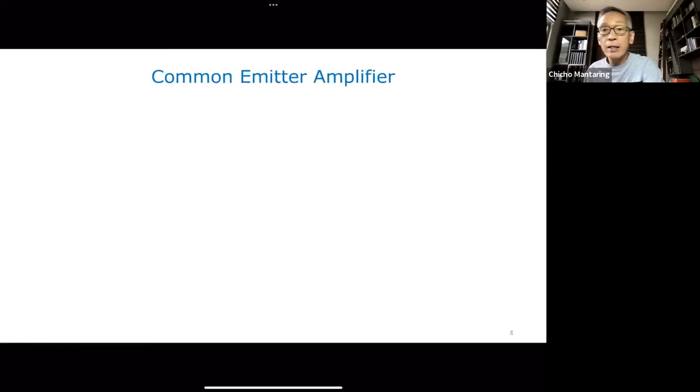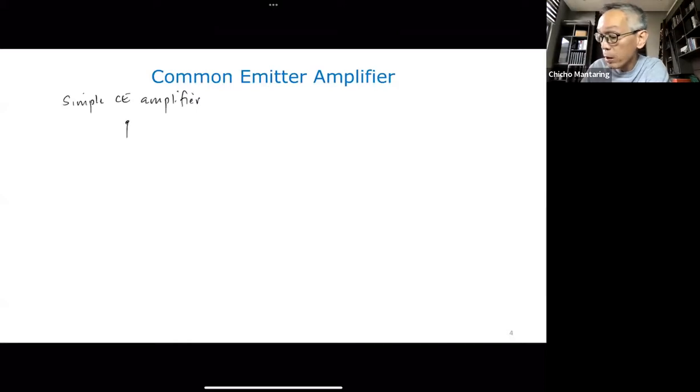Okay, so let's start with a discussion of your common emitter amplifier. I already presented to you a very simple common emitter amplifier earlier in this module. So let's take a simple CE amplifier.